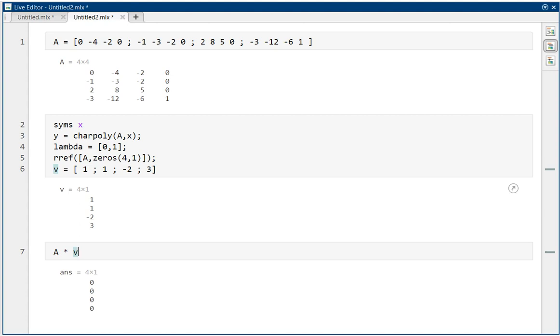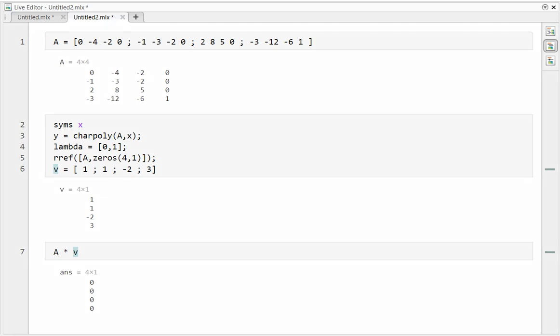So this is what's interesting: obviously if 0 is an eigenvalue, then what we're expecting is 0 times the vector V, which is going to crush it. It is going to be the 0 vector.